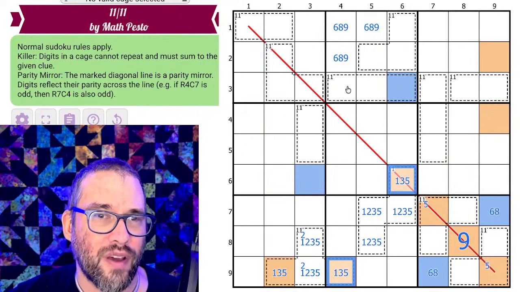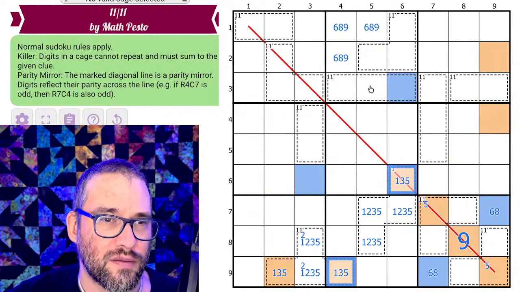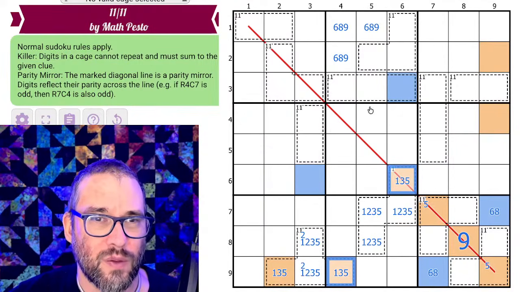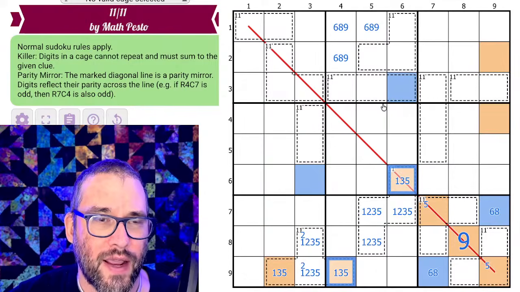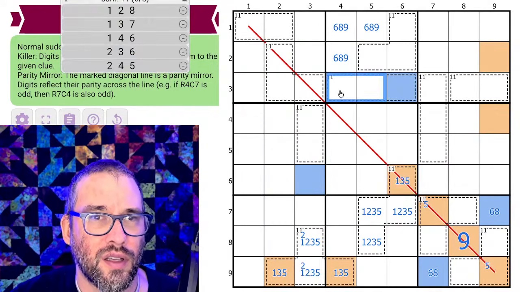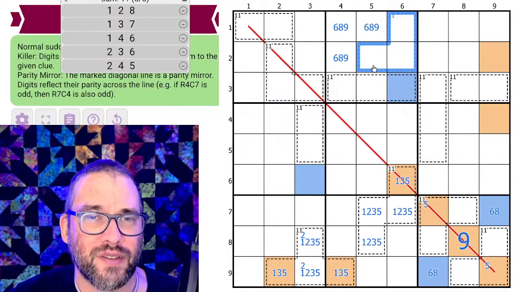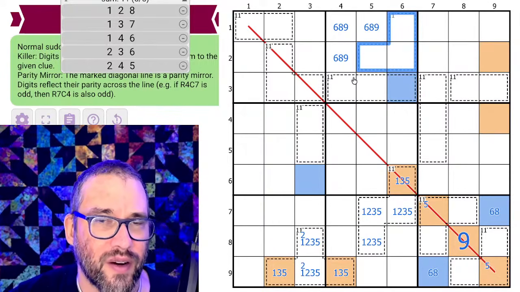So our 135 has to go in a cage. Which seems fine. This has 2 evens. This one's going to have 2 evens. This is all odd, points out Egbert.